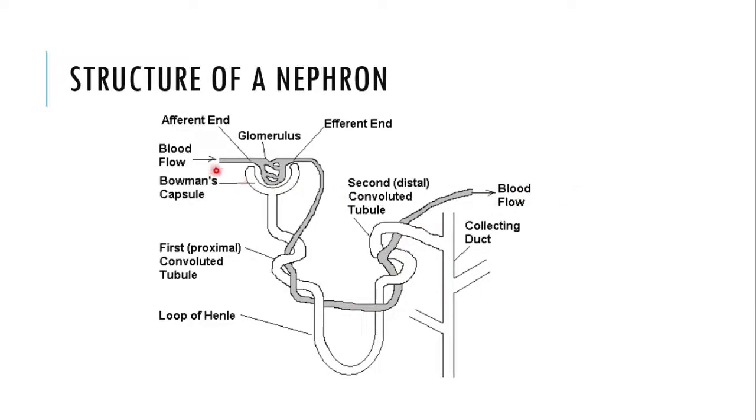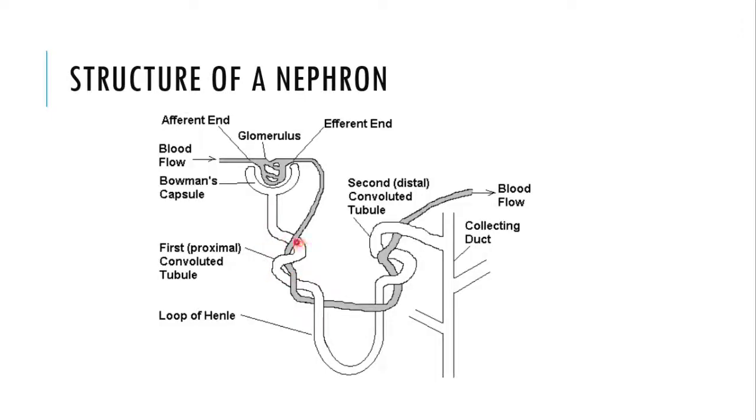Then we've got another tube. So blood flow. All right, then we've got the afferent end, then we've got the efferent end, then we've got the glomerulus. This is the glomerulus. And then we've got the Bowman's capsule.